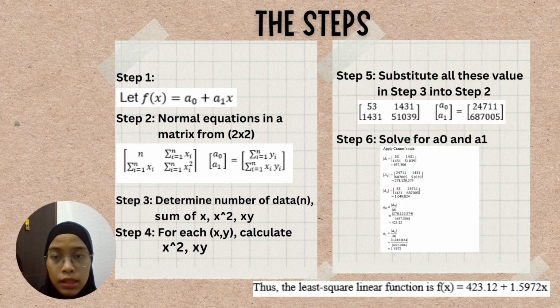The formula is the matrix of n, summation of x, summation of x, summation of x squared, times the matrix of a0 and a1, equals the matrix of summation of y, summation of xy.